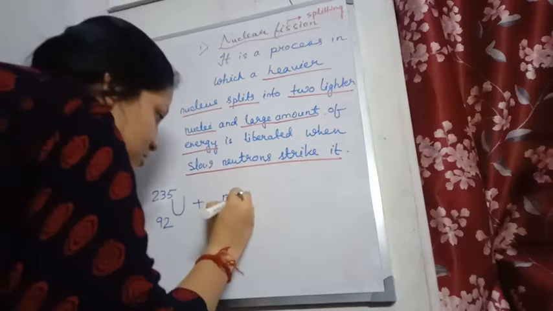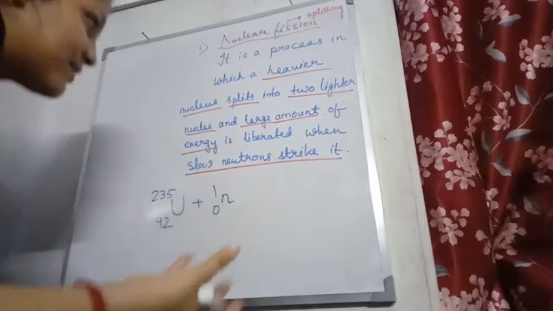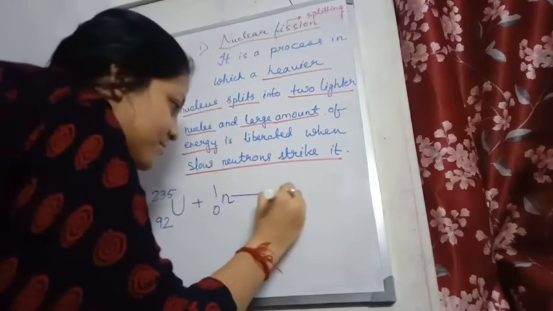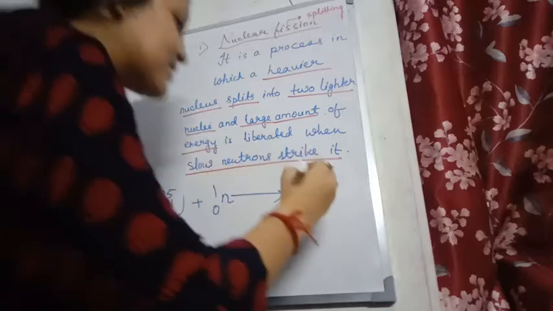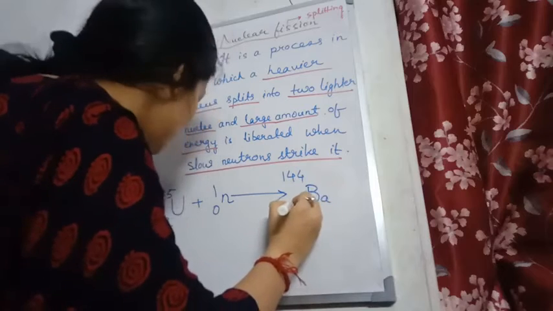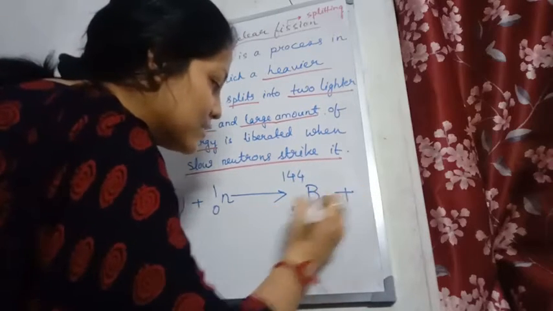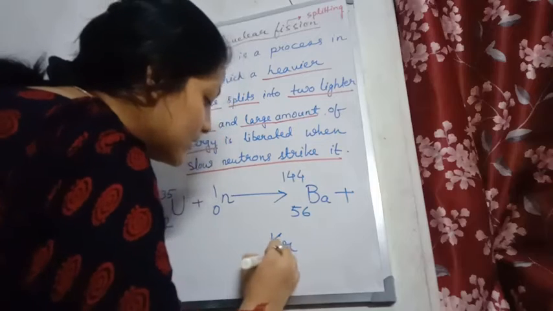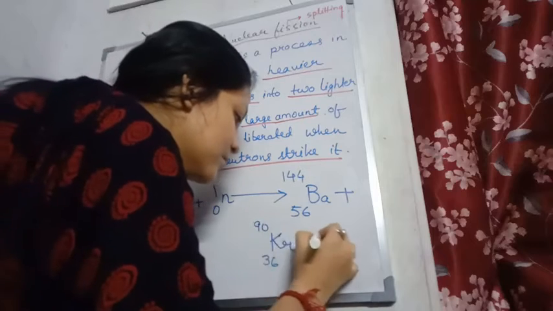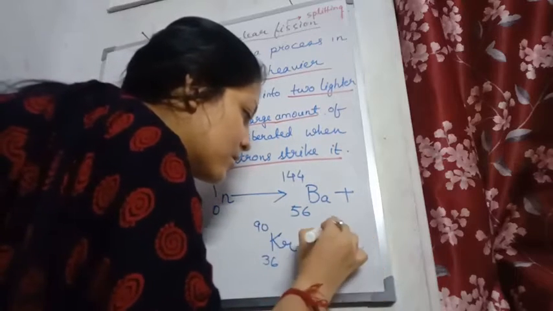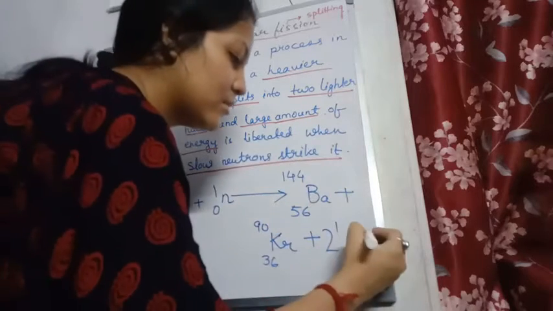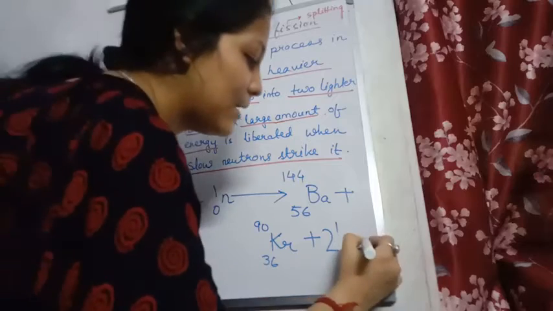When slow neutrons, as the term indicates, with very low speed, strike the nucleus, we get products: barium 144, 56, plus krypton 36, 90, plus 2 neutrons liberated on the product side, and plus energy.